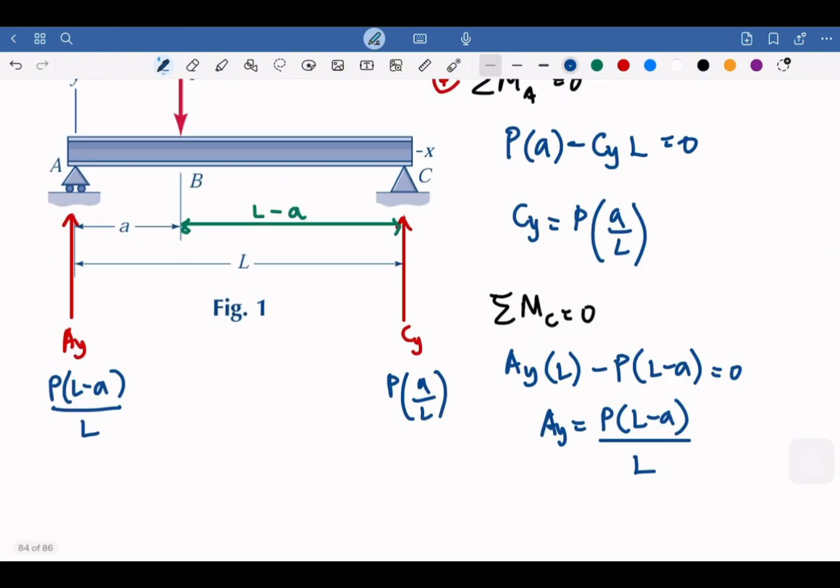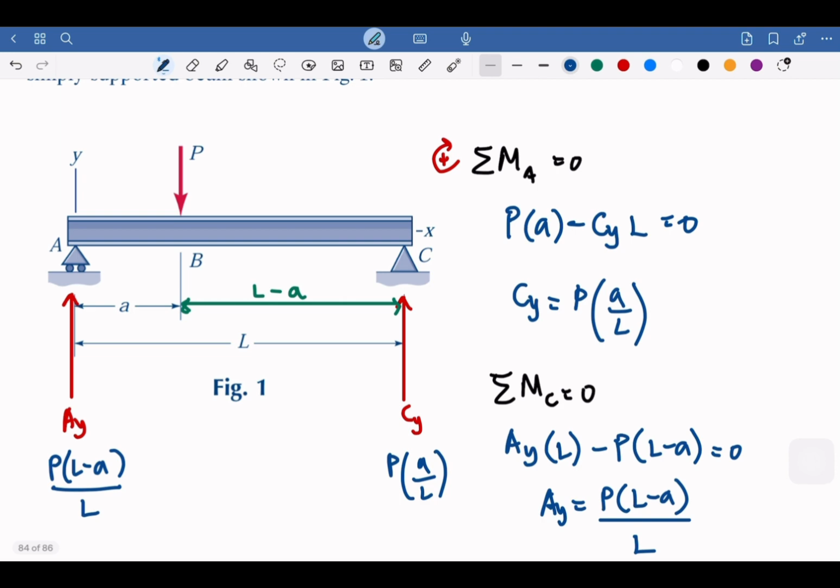Now, since we have only the concentrated load, the shear force will be constant if we look from this as a starting point. Then at this concentrated load, it will jump down. How much?